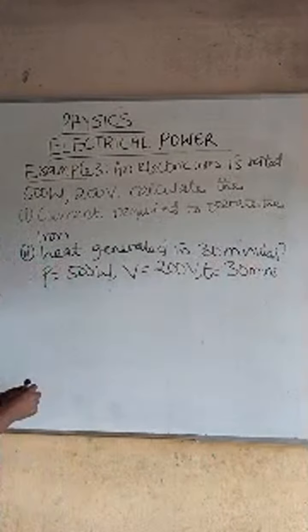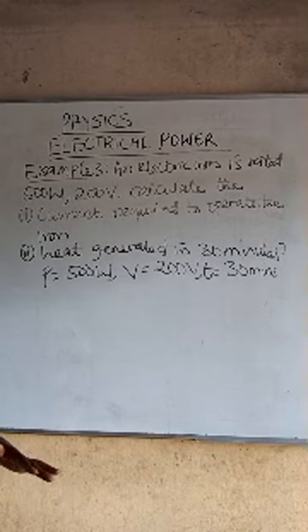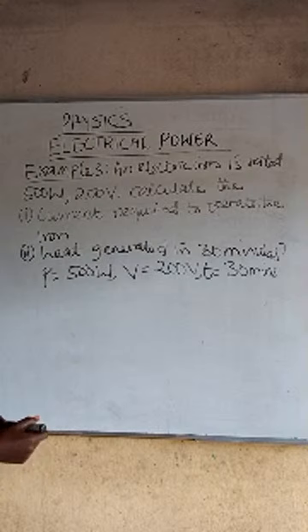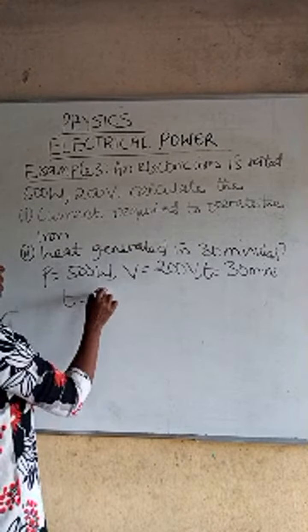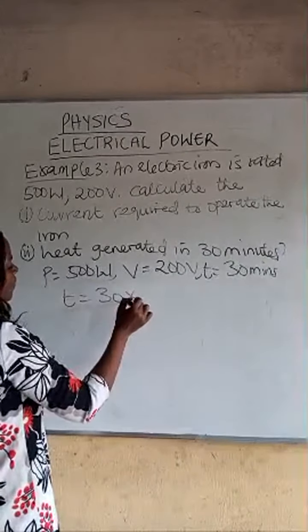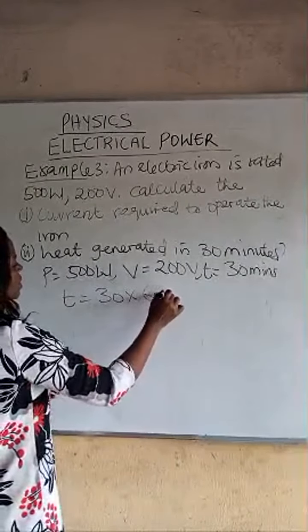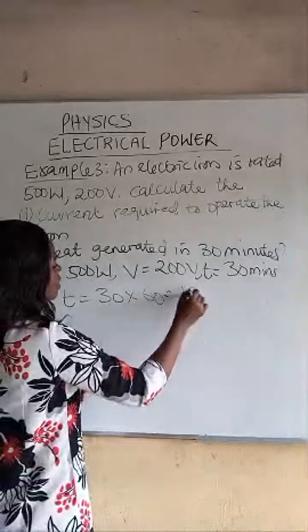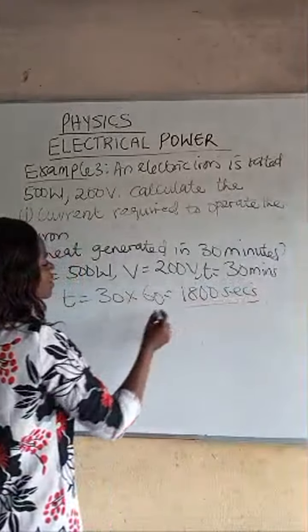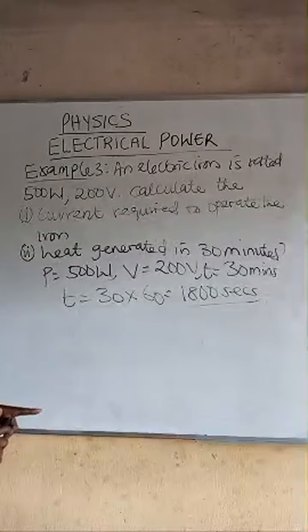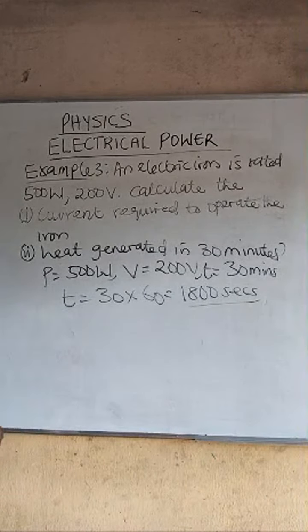So for us to solve, we are going to convert this 30 minutes to seconds by multiplying by 60. So t is 30 times 60. It's going to give me 1,800 seconds as my time.